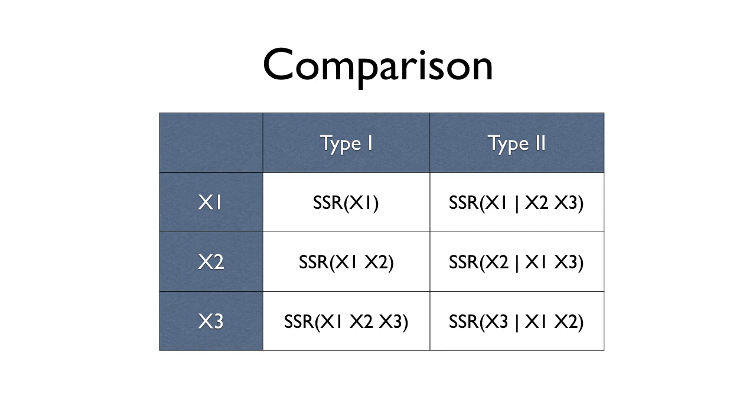For type 2s, the cool thing here is it's x1 given x2 and x3 are in the model, x2 given x1 and x3 are in the model, x3 given x1 and x2. Okay? So what that's doing, you can see that the type 2s actually look at unique variance.